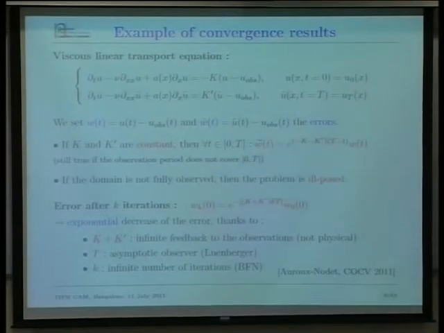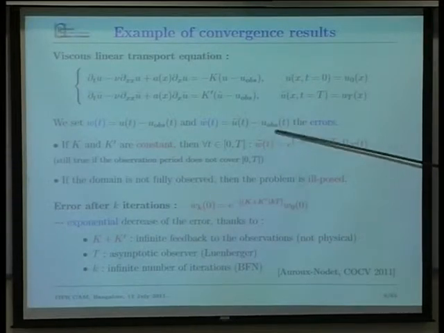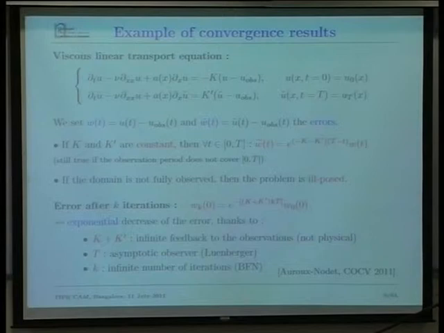If we use constant matrices or coefficients, it means constant in time and space, so we add nudging everywhere and every time. Then the backward error, at time 0 for instance, once we have done exactly one forward and one backward integration, is given by this exponential, which is negative, times the initial error.